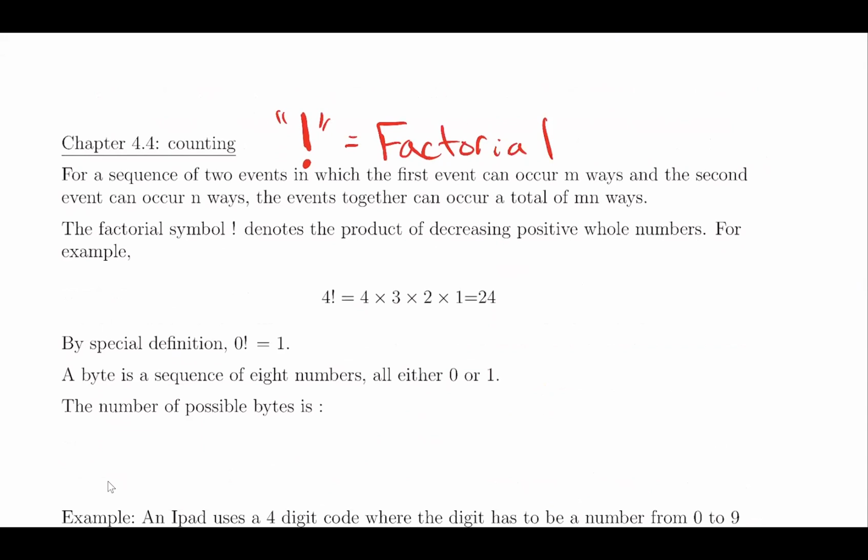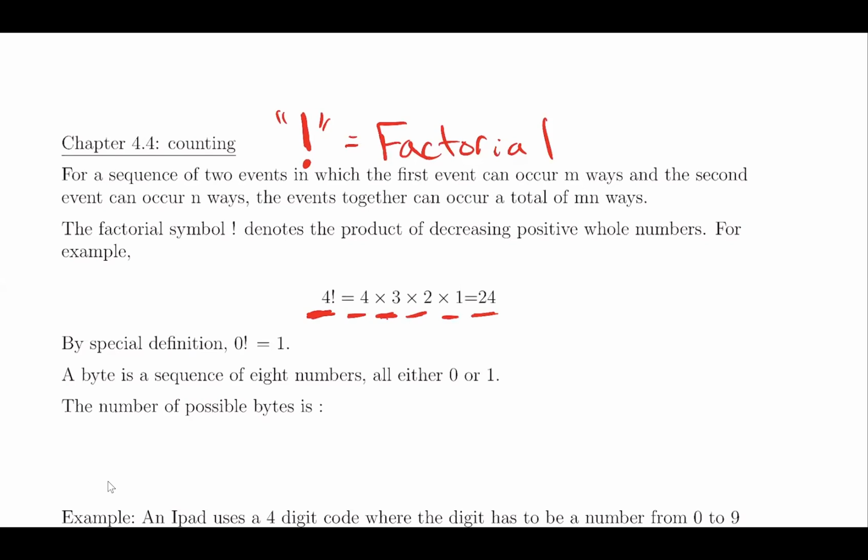All right. So whenever you have a factorial, it just means that you take that number and you keep on multiplying by every number smaller than that number until you finally get to 1. So if you look at the example right here, I have 4 factorial. That means you get 4 multiplied by 3, multiplied by 2, multiplied by 1, and you get 24.